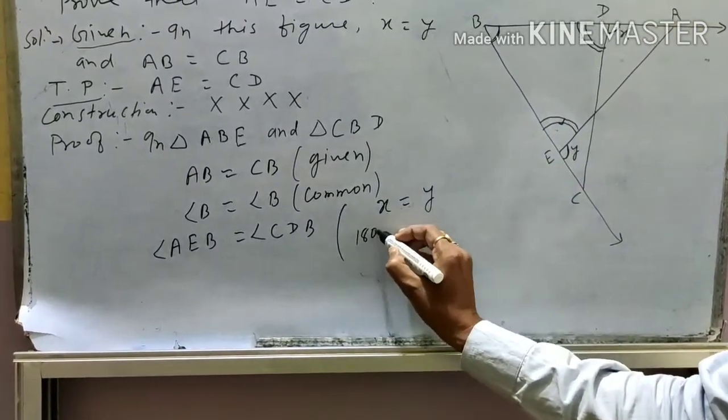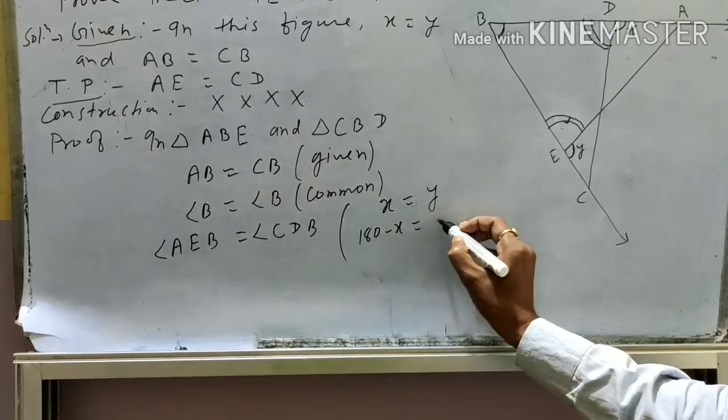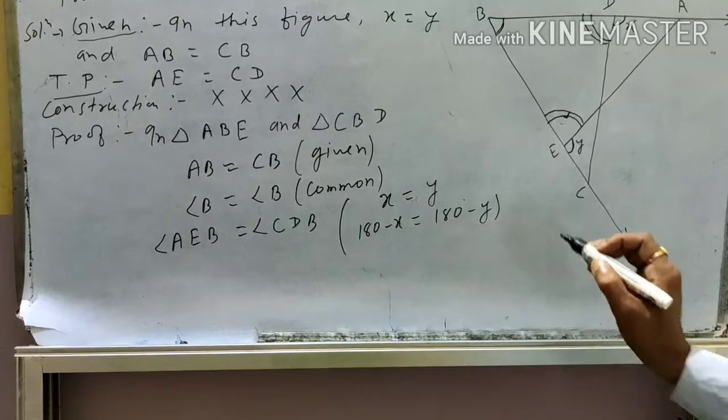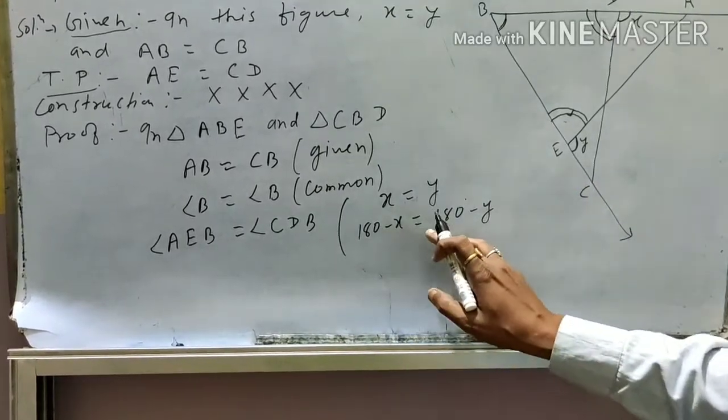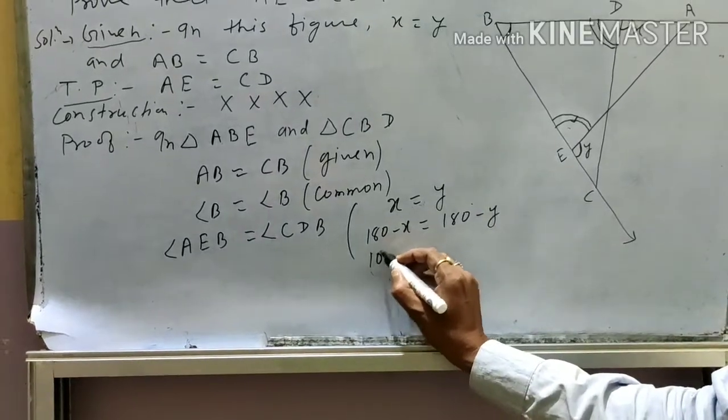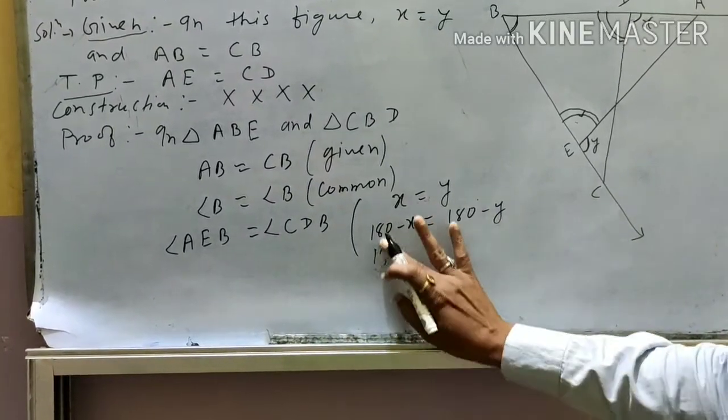We know that x is equal to y, so 180 minus x is equal to 180 minus y.